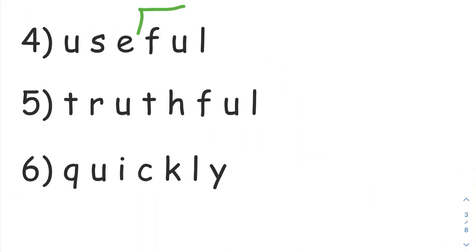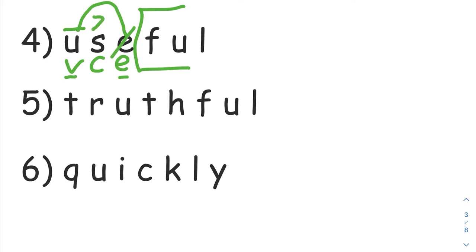Number 4, we'll see full again. So use that bracket. You can code your base word, vowel, consonant, E altogether. E makes the U say U. Cross off that silent E. And then that S is going to make the Z sound because it's in between two vowels. So our base word, useful.